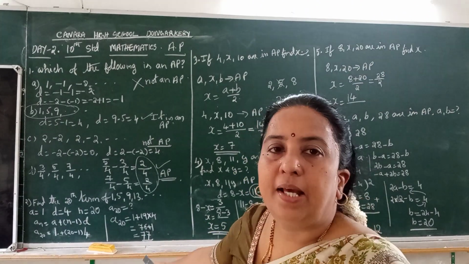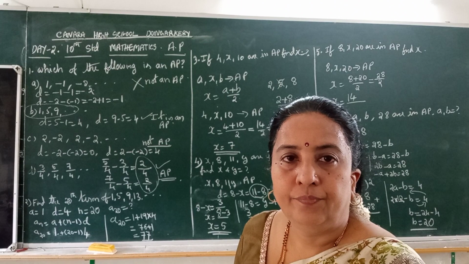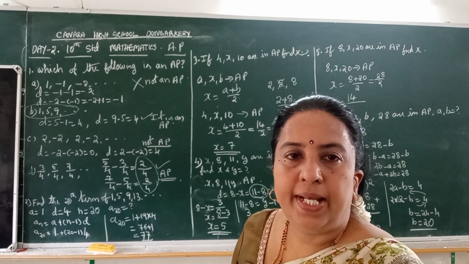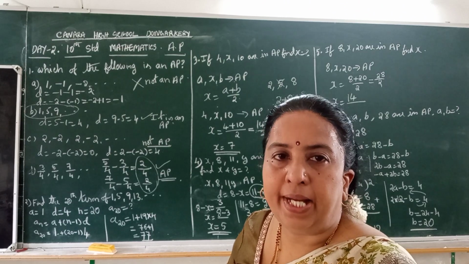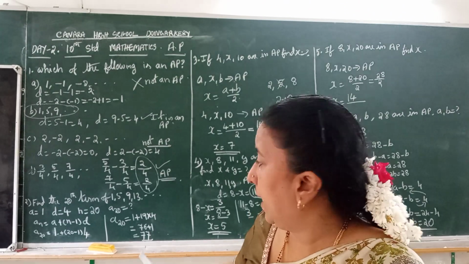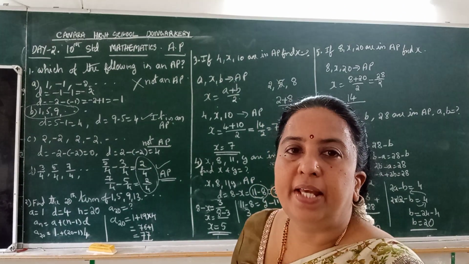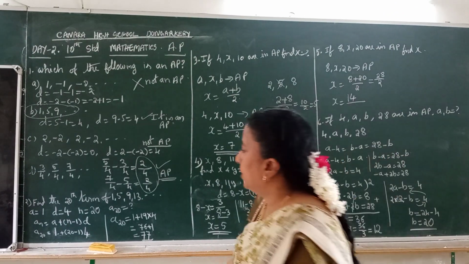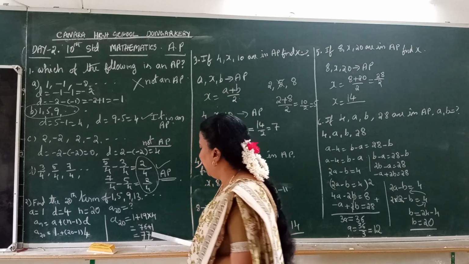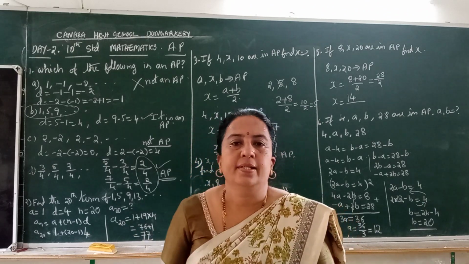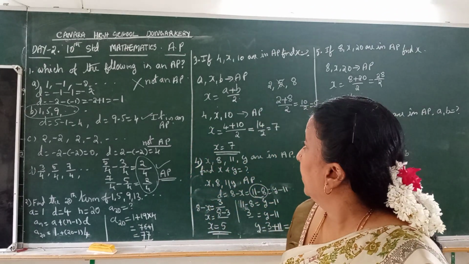Then the 20th term of the given AP. a is known, d is known, n is known. We have to find a20. Formula: an is equal to a plus n minus 1 into d. Substitute, we will get 77 as the 20th term.